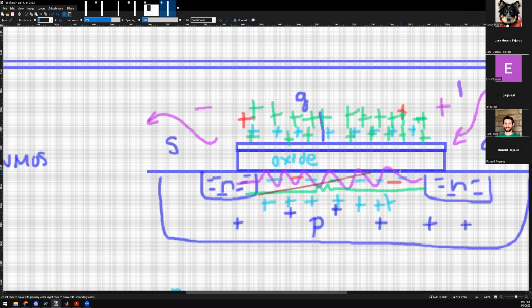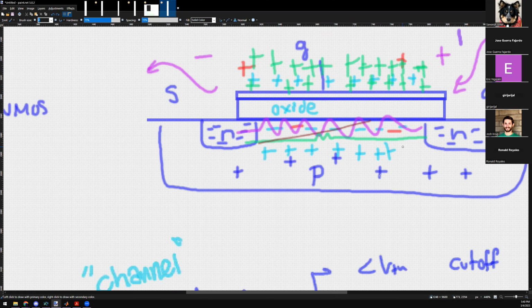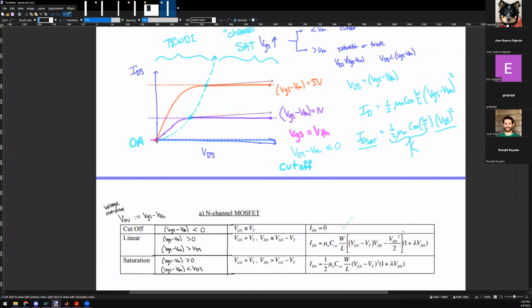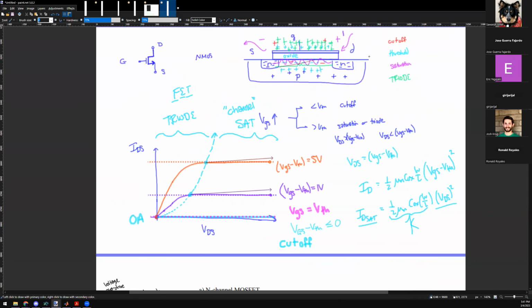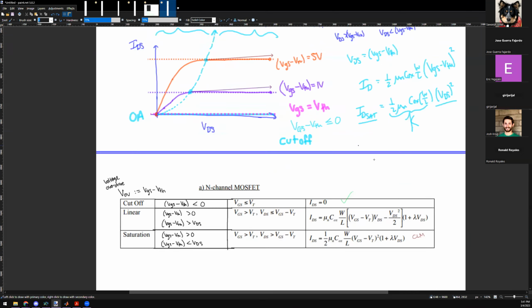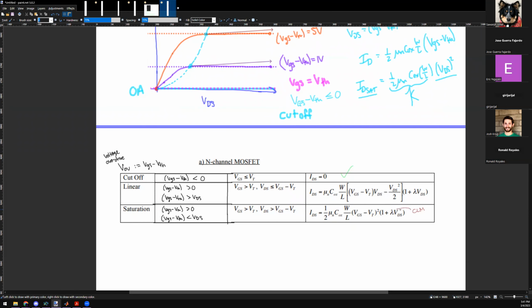So this is not the only thing that affects the channel. You could say it's channel length modulation, CLM. As stuff moves or as you apply voltage through it, it has a real impact on the channel itself. So this is a channel length modulation term.